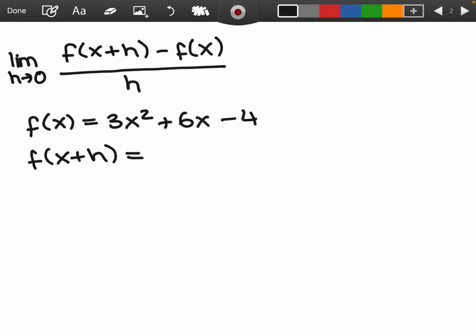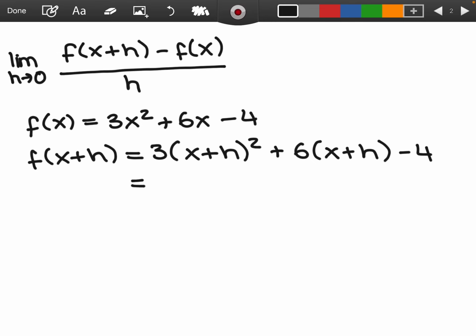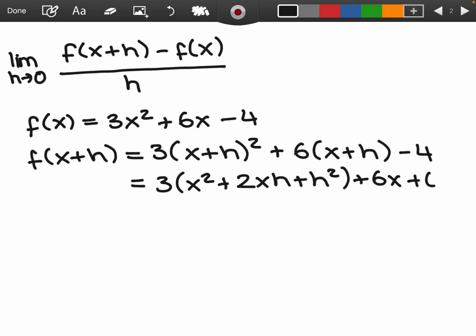So let's figure out what f of x plus h is. Everywhere I see an x, I'm going to plug in x plus h. So that's 3 multiplied by (x plus h) squared plus 6 times (x plus h) minus 4. Multiply this out.